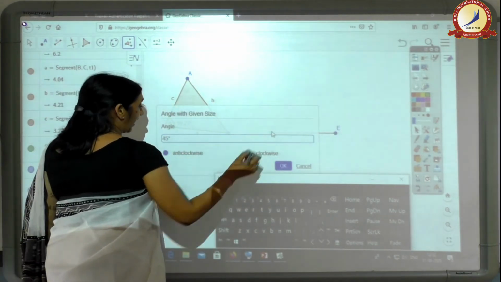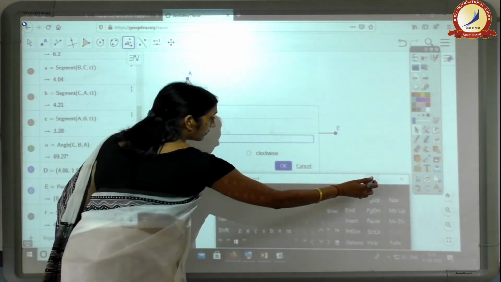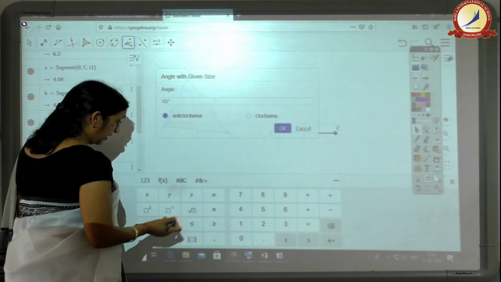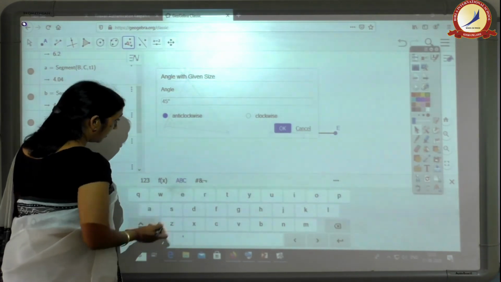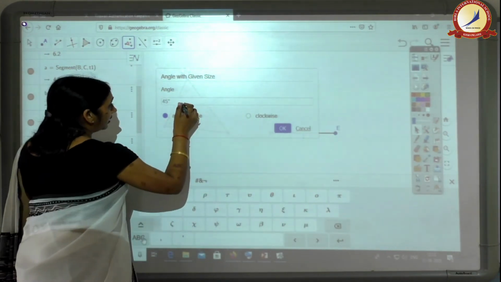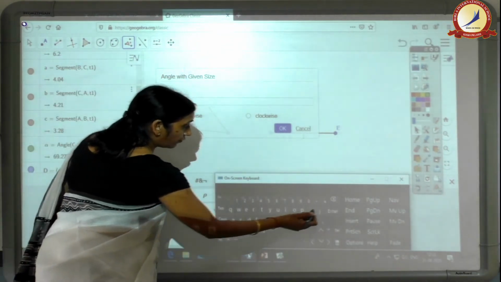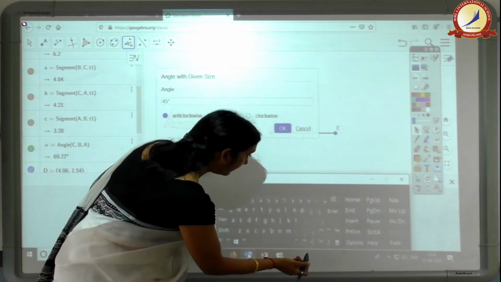Now to draw an angle alpha, I will just select the keyboard of GeoGebra. I will select angle alpha. We have to delete this 45 degree.